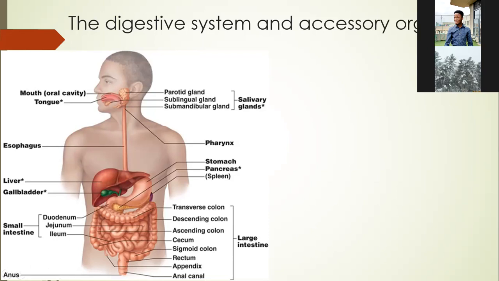This will be released upon stimulation, and it is released in the duodenum. So, as you can see, enzymes of the pancreas are going to target all sorts of food. They will target the proteins, the carbohydrates, and the lipids.